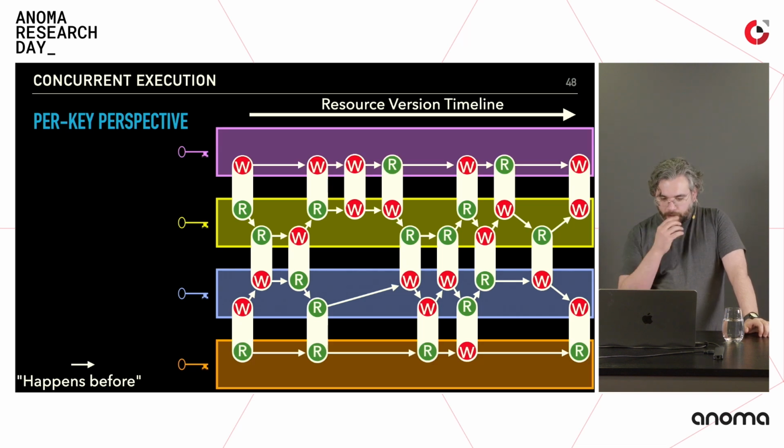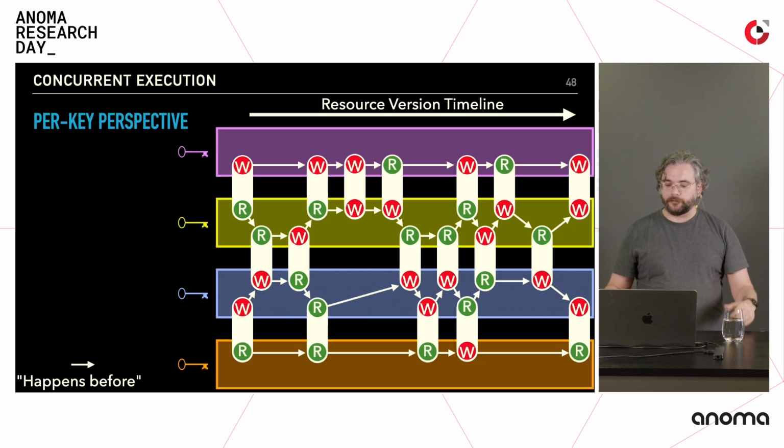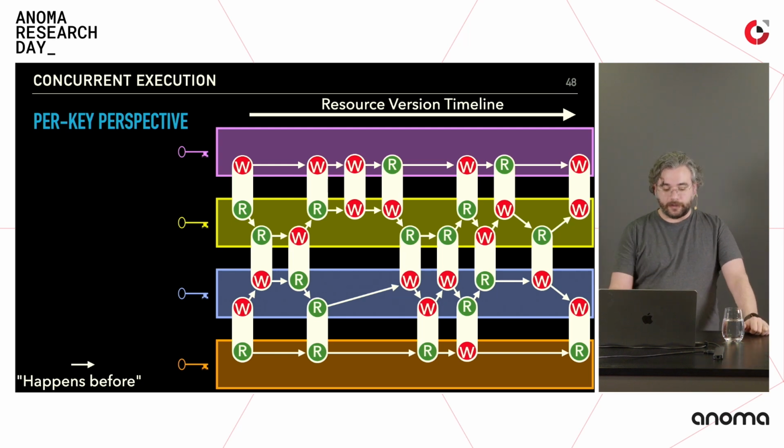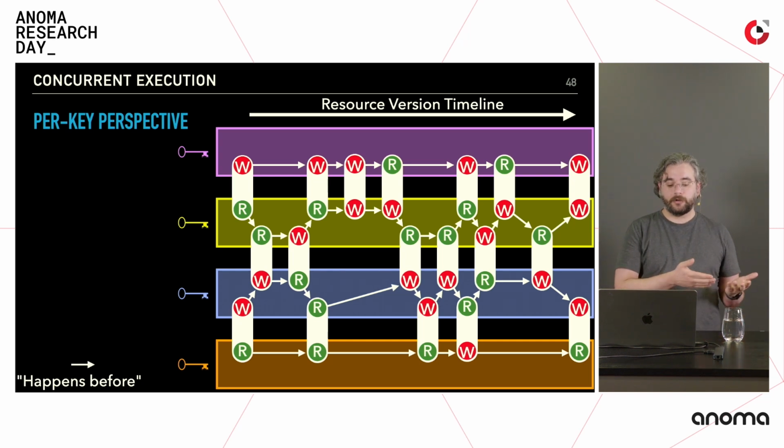So, for example, suppose we had this simple system with 4 keys and just a whole bunch of transaction candidates, and they're all fully ordered by consensus. So the basic execution rule is that you can execute a transaction candidate if all the transaction candidates that happened before it are already executed. And when I say execute here, I mean calculate all of the values it writes by running the executor function for the state machine.